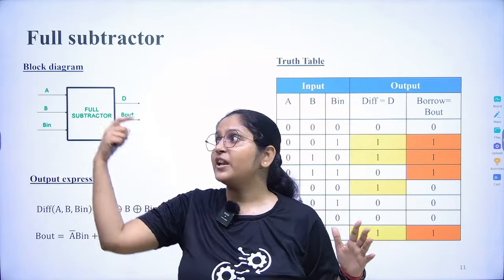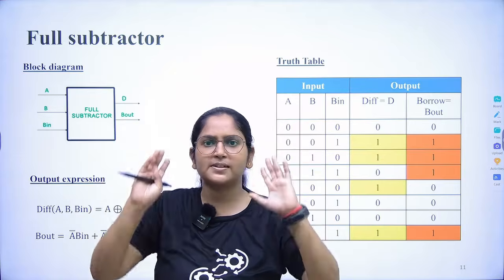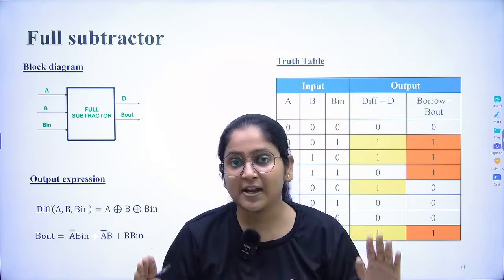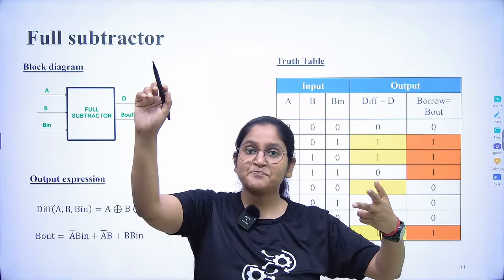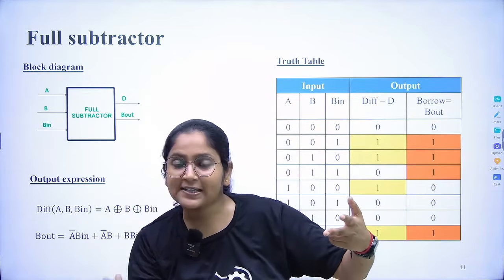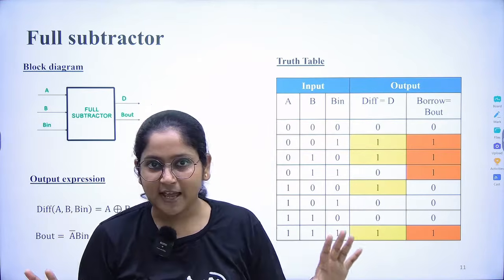So how will we generate the final output? You don't have to worry. You just have to remember some concepts: if a half adder is there, it has 2 inputs, then obviously the sum will be the XOR of the 2 inputs and the carry would be the multiplication of the 2 inputs. And this way we have seen the entire concepts, right?